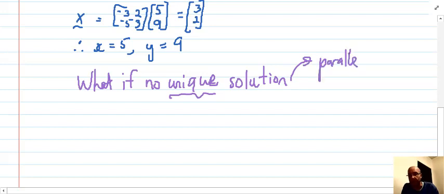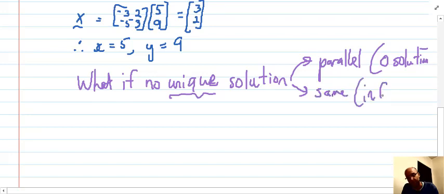They don't intersect, and therefore they have no solutions. So it doesn't have a unique solution, it doesn't have any solution. Or it could be the same line, which is a problem, because it has infinite solutions. It intersects everywhere. It might not look like the same equation, but if you times every term by the same constant, you get basically the same equation.